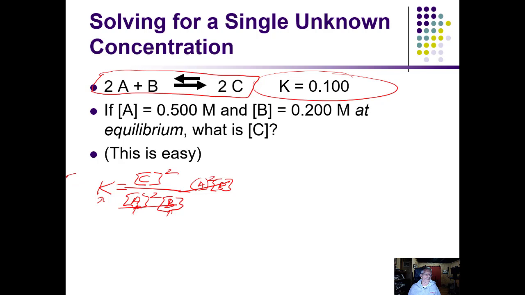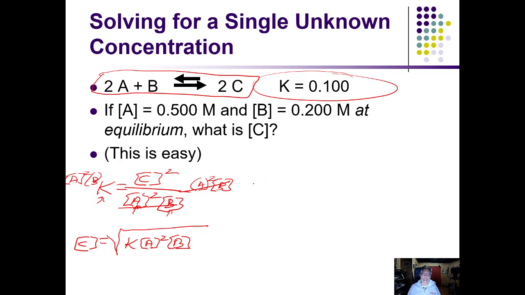I would do the same thing here, A squared times B. Then to get rid of the squared term, I'm going to take the square root. So C is simply going to be the square root of K times A squared times B.